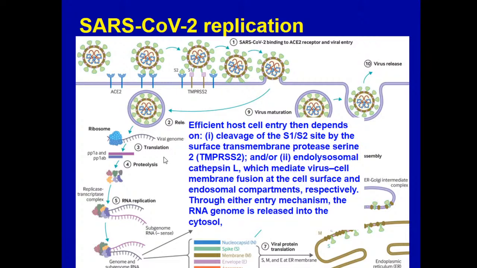So this is the result of binding, entry, and uncoating at the same time, because there is no M protein, no matrix protein. So even as a result of fusion, the RNA with the nucleocapsid protein directly will be released into the cytosol.